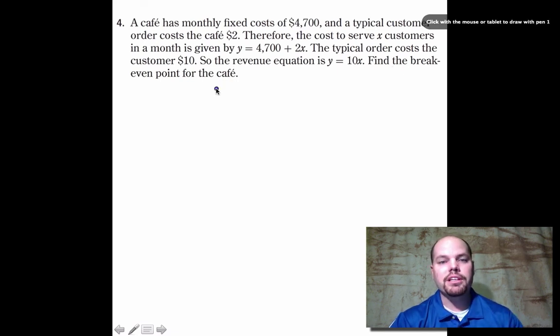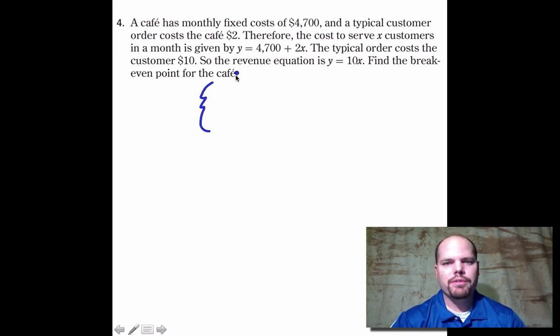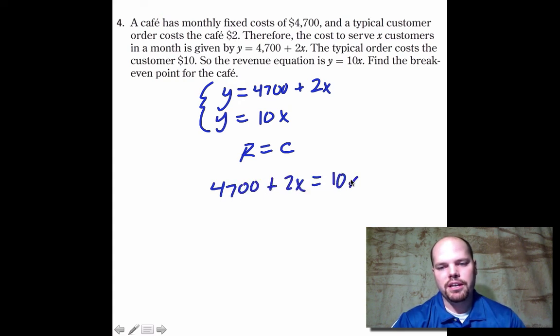Well, first we need a system of equations. Okay, so we have a cost equation, which would be y equals 4,700 plus 2x, and a revenue equation, which would be y equals 10x. Okay, so we want to know where the revenue equals the cost. So we want to know, when does 4,700 plus 2x equal 10x?